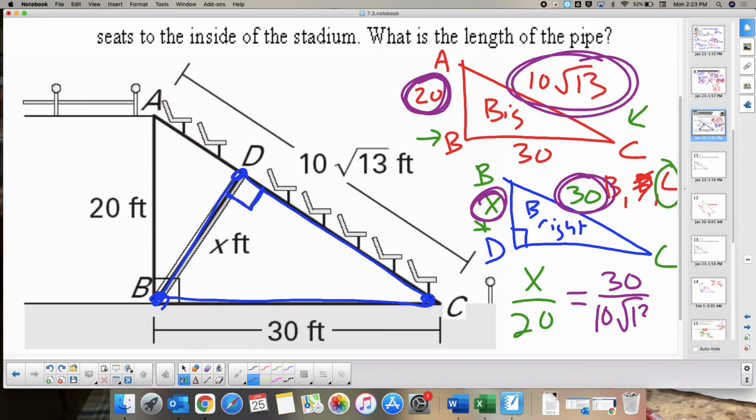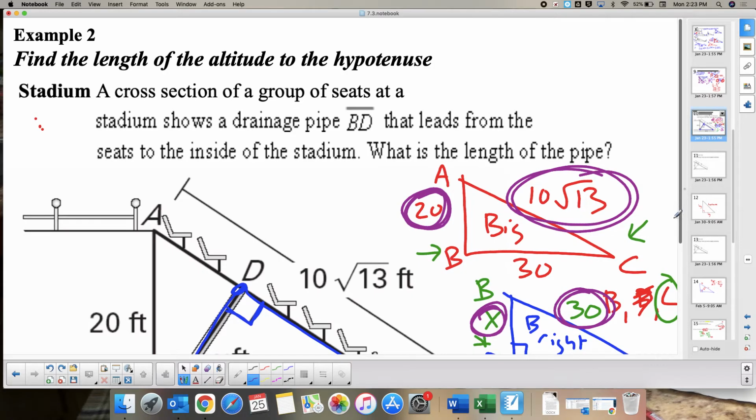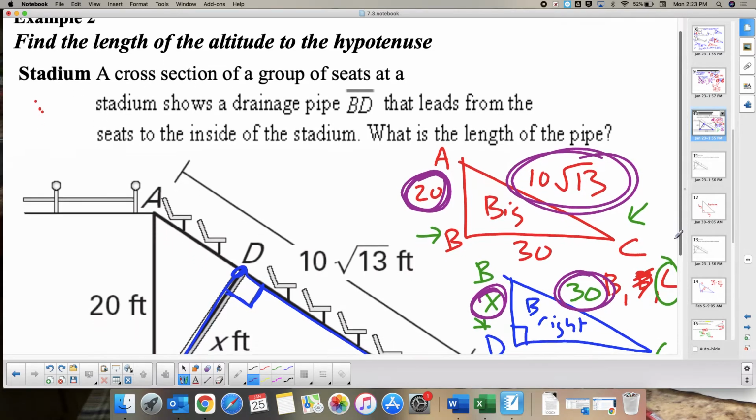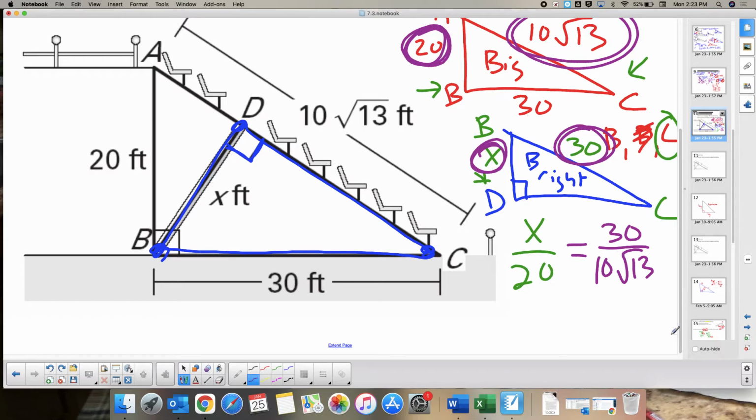Now, since it doesn't tell me that it needs to be in exact form, I can put this as a decimal. So that 10 square roots of 13, that is just a decimal, so we'll treat it as that. 10 times the square root of 13, and we get 36.05.